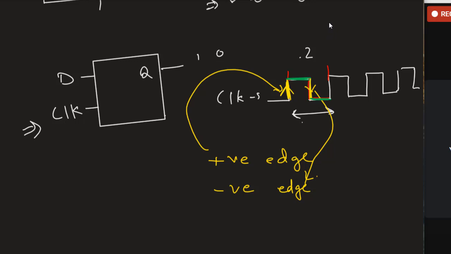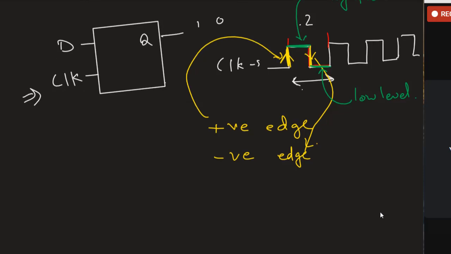Is it clear? The clock basically consists of a square wave normally. In this clock square wave, there are four different sections or parts that I have divided.